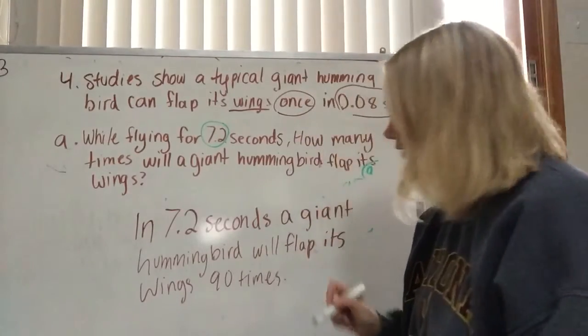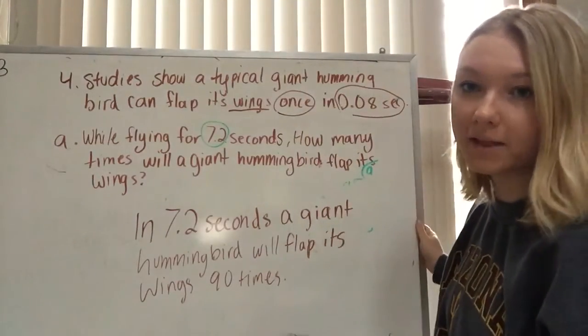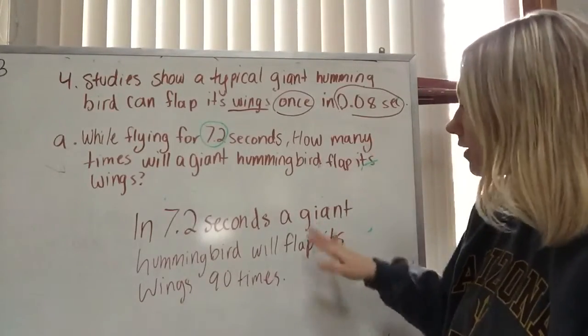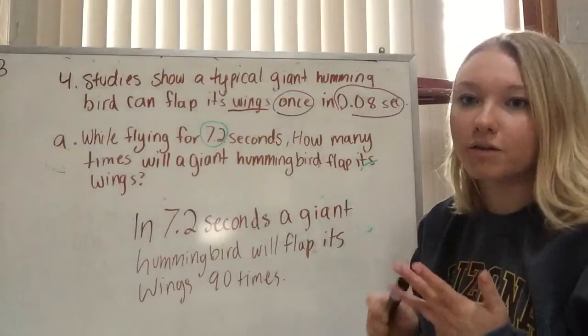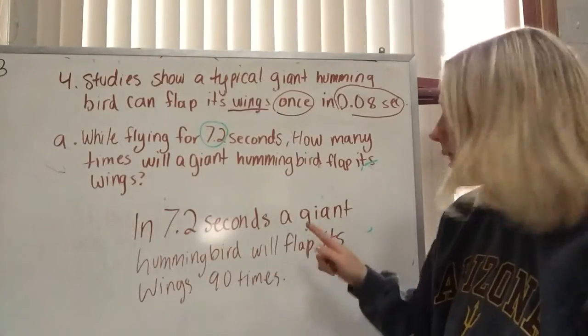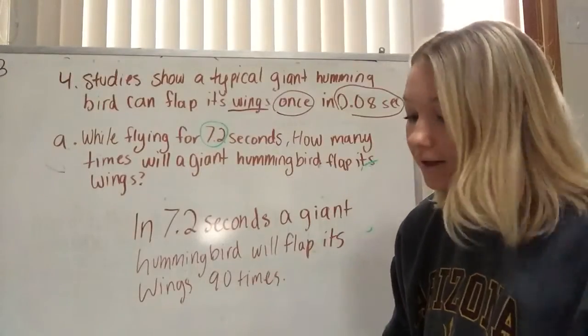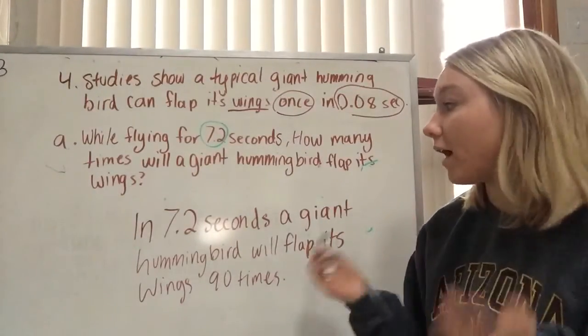So that is so crazy. I'm hoping that they use real numbers, but that is crazy. So 1, 2, 3, 4, 5, 6, 7. In that much time, they flap their wings 90 times. That is super crazy. So that is that.